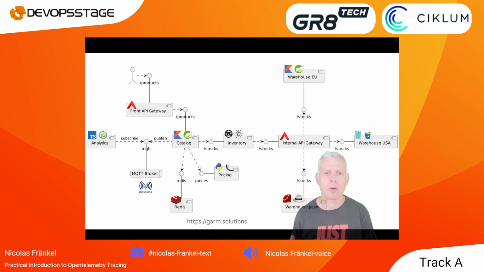How do I get OpenTelemetry to work? So I have added a component that will actually read the MQTT queue, and the catalog will publish some data into it. I will show you how it works across this asynchronous message.